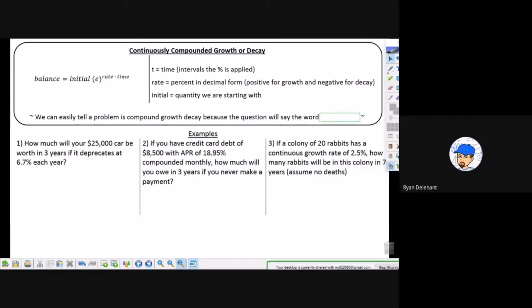Initial is what you start with, but this E is different. There's a number that's equated to that. But it's also a button on our calculator for when we go to actually calculate these things. Because what we found out is that there's a limit to how often you can compound things, and it comes out to being this number E. And you'll see that in Wednesday's assignment as we work through the table and the notes, okay?